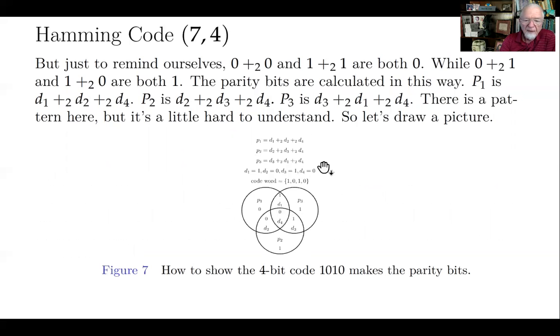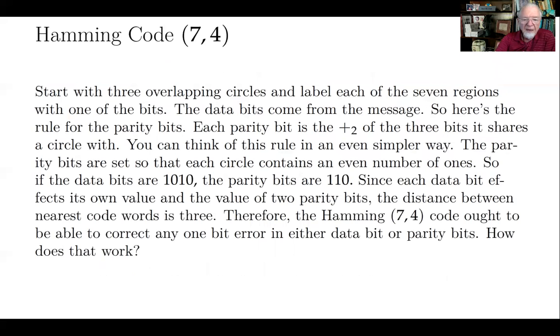So the way in which you deal with this is you look at all the data bits that are around the section where the parity bits are, and you add those in modulo arithmetic. Okay, so the parity bits are set so that each circle contains an even number of ones. So if the data bits are 1, 0, 1, 0, the parity bits are 1, 1, 0.